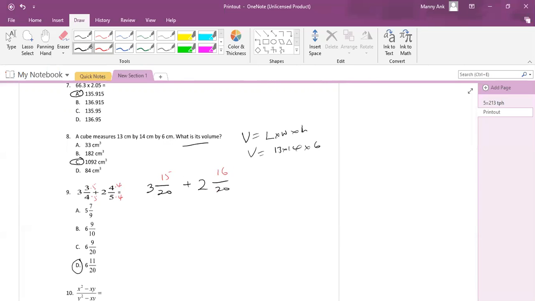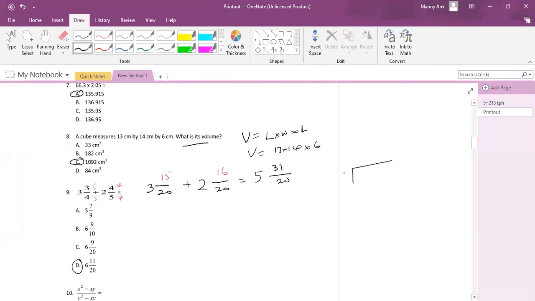Okay. Same denominators, you can now add the numerators. If I add, we'll have 3 plus 2, 5 whole numbers. And for the fraction, 15 plus 16 is 31 over 20. I can't leave my answer like this, so I have to break this down. How many 20s can I get out of 31?